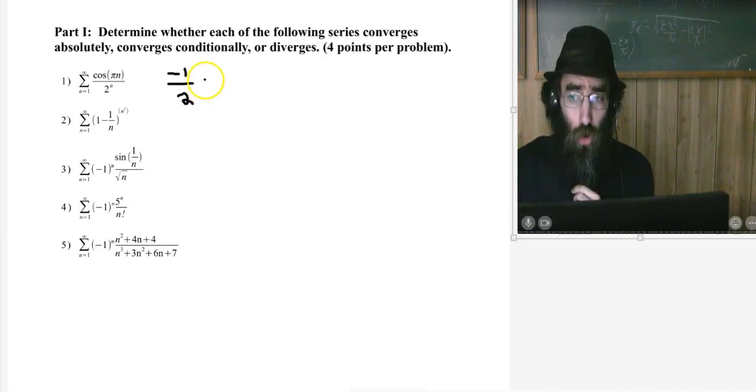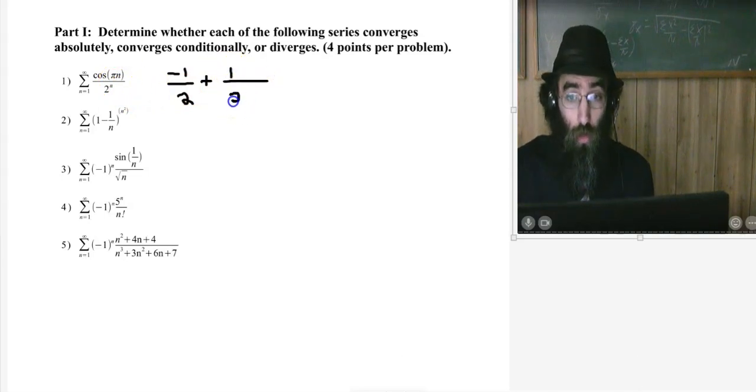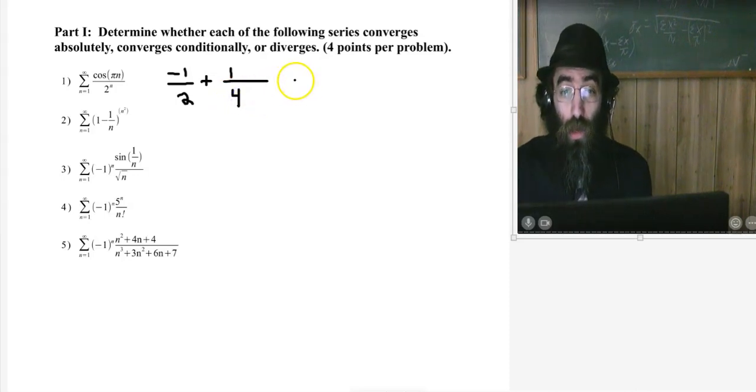Okay, the n equals 2 term. Cosine of 2 pi is +1. The denominator is 2 squared, or 4. Okay, the next one. Cosine of 3 pi is -1. The denominator, 2 cubed, is 8.